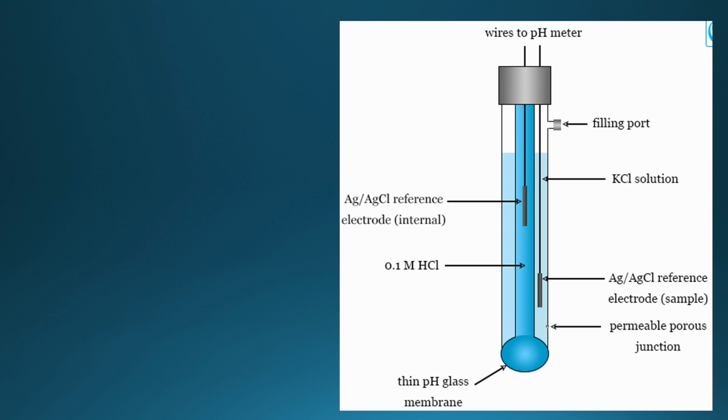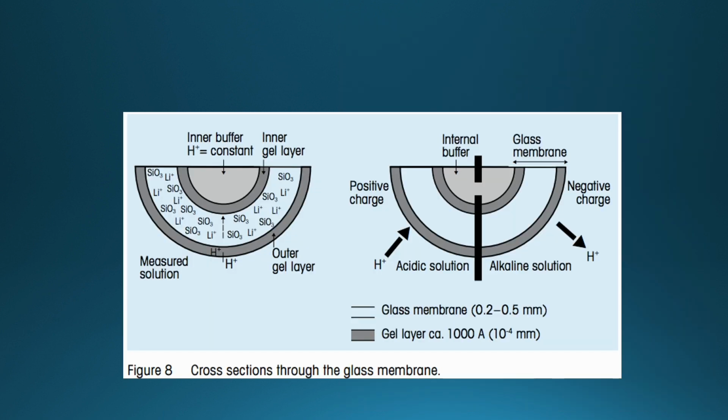The solution used is HCl, and here you have a thin pH glass membrane. So the pH electrode is very important to be soaked in water all the time to hydrate the glass and to start the reaction.